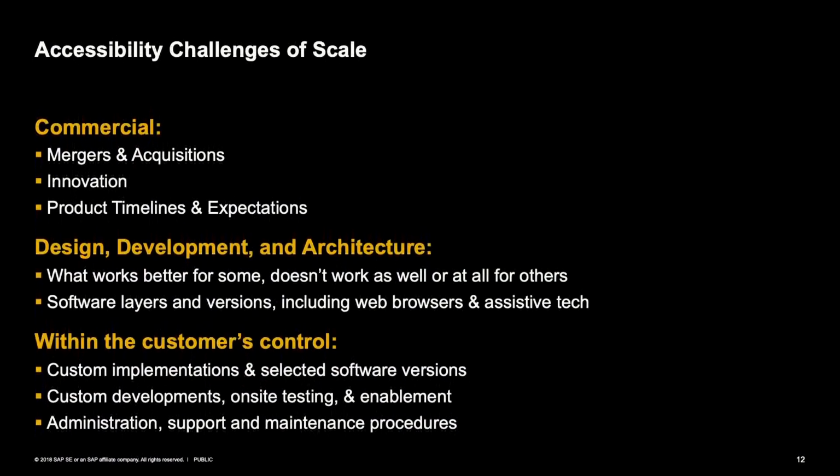Another thing that we think about in terms of some of the challenges is general design, development and architecture. Sarah, it was great to see, was talking about some of the complications of working across different layers and versions. So your operating system, your browser, your assistive tech, all of those different versions have a part to play and can interfere or have bugs themselves.